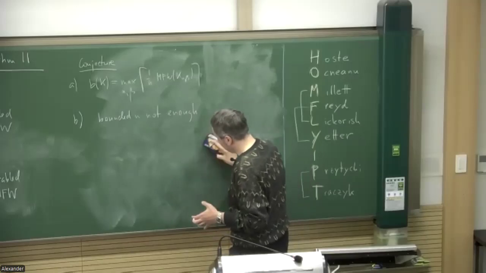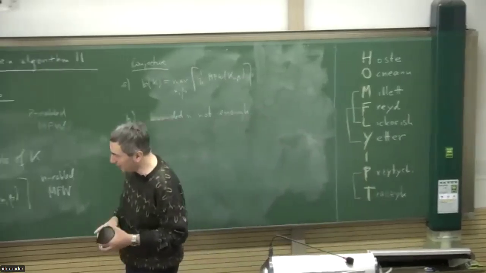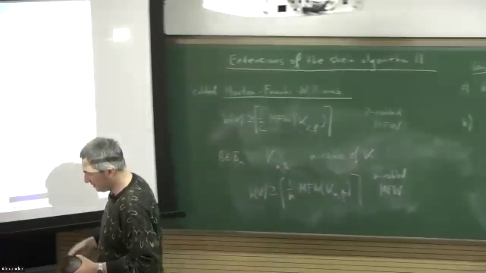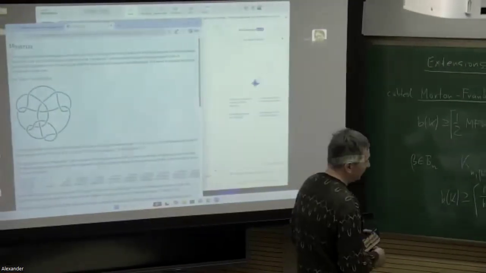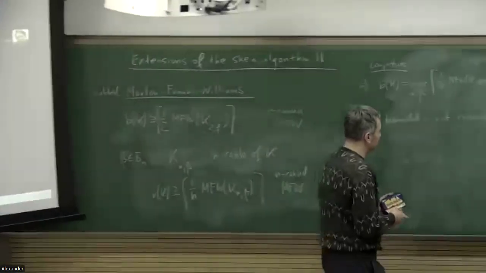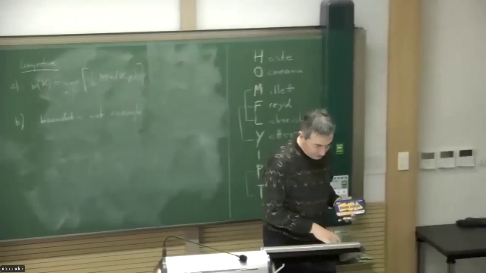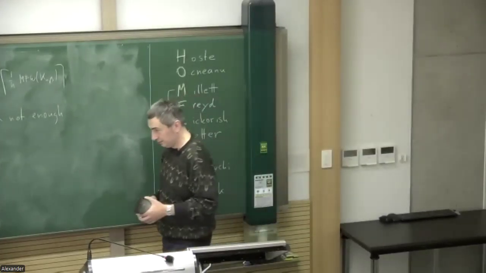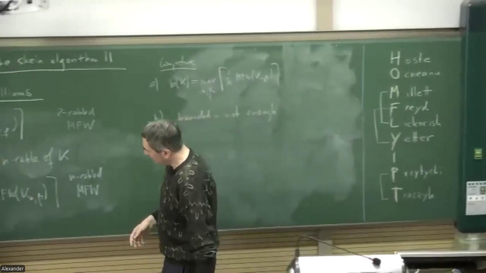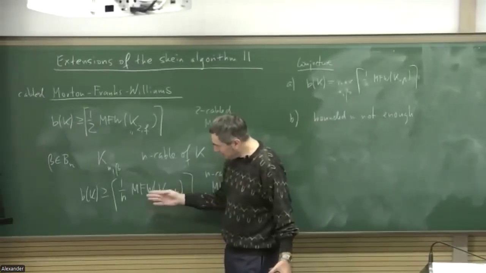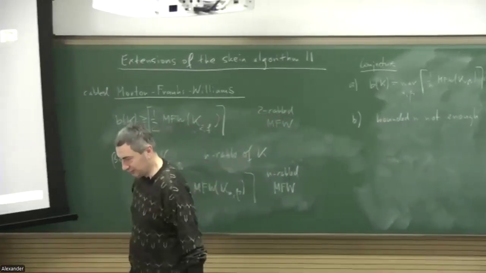The knot that is here is one that is particularly difficult. For example, this knot shows more or less that you need at least n equal to 4. The problem with this is that the HOMFLY polynomial is very difficult to compute.